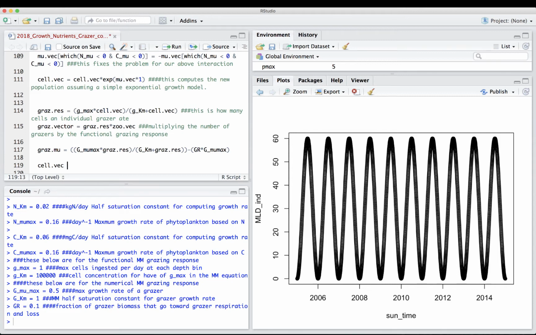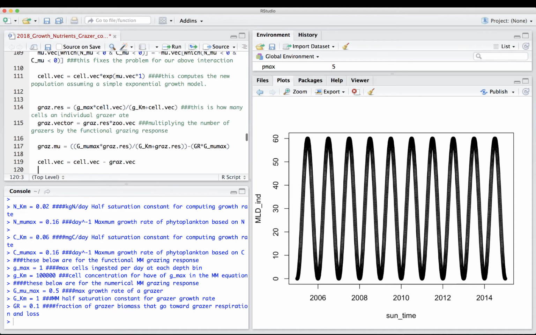Cell vector is, remember, we grew some, cell.vec minus the grazing.vector. All right, so that's just how much we grew. This is how much we ate. So our new cell vector has to respond to that, reflect that. And to make sure that our code works, I'm going to put another line in here.